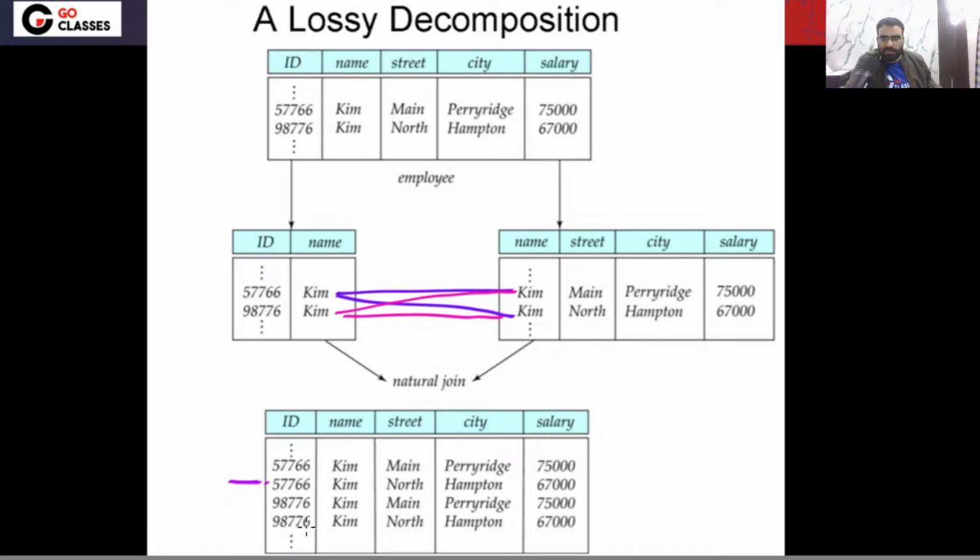This tuple we don't have in the original relation. Also, this tuple we don't have in the original relation. So these two tuples are not in the original relation. These are called spurious tuples. So this is an example of lossy decomposition. We are losing information, we are getting wrong knowledge, wrong information.